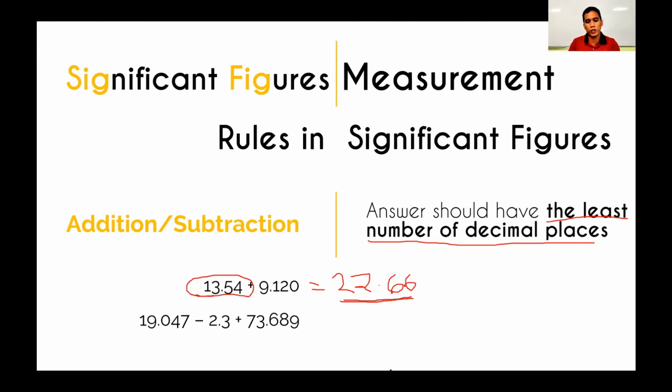Regardless of the number of digits, we have here 19.047 plus 2.3 plus 73.689. Always follow the least number of decimal places.